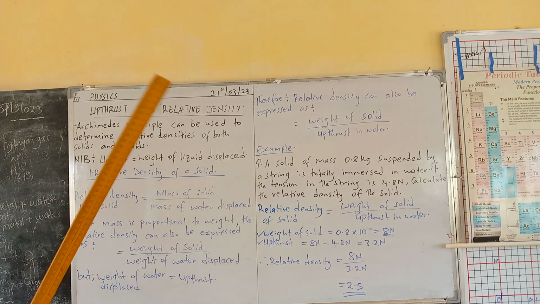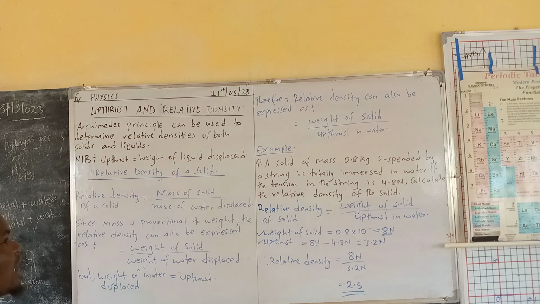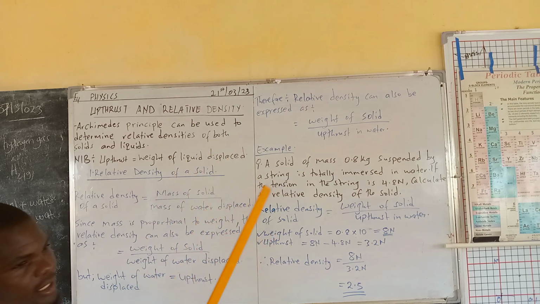As we have just mentioned, the upthrust in Archimedes' principle must be equivalent to the weight of the liquid displaced. So we are going to begin with the relative density of a solid. Let us go straight to the business. The relative density of a solid is given by taking the mass of the solid and dividing it by the mass of water displaced.